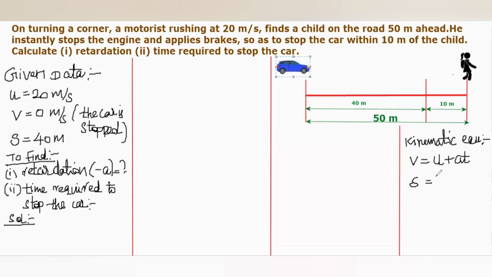S equal UT plus half of AT square. V square equal U square plus 2AS. Here U is the initial velocity, V is the final velocity, A is the acceleration, T is time, and S is the distance.